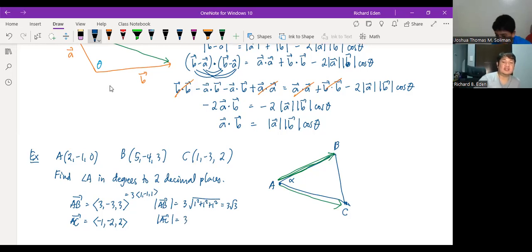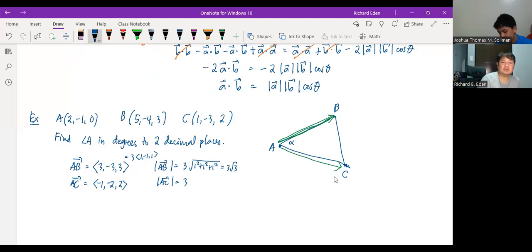Three, exactly 3. And from what we just proved, the dot product AB dot AC is equal to the product of the lengths times the cosine of the angle alpha between AB and AC.